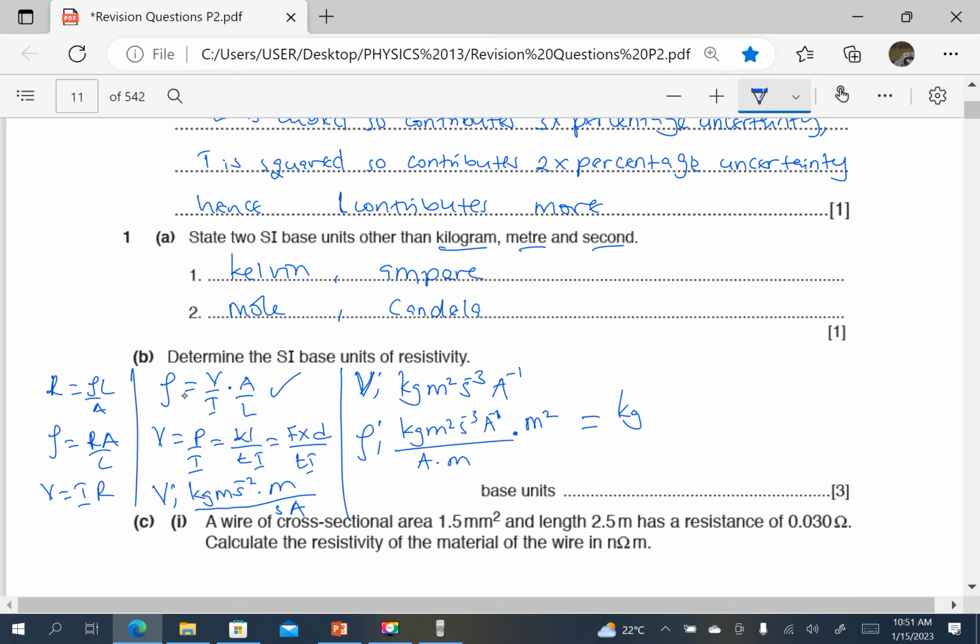Meters squared times meters squared, that is meters to the power 4, divided by meters, that is meters cubed. Then times s to the power negative 3. Then ampere to the power negative 1 divided by ampere becomes ampere to the power negative 2. Therefore, the base units will be kilogram, meters cubed, s to the power negative 3 per ampere squared. You can also verify that.